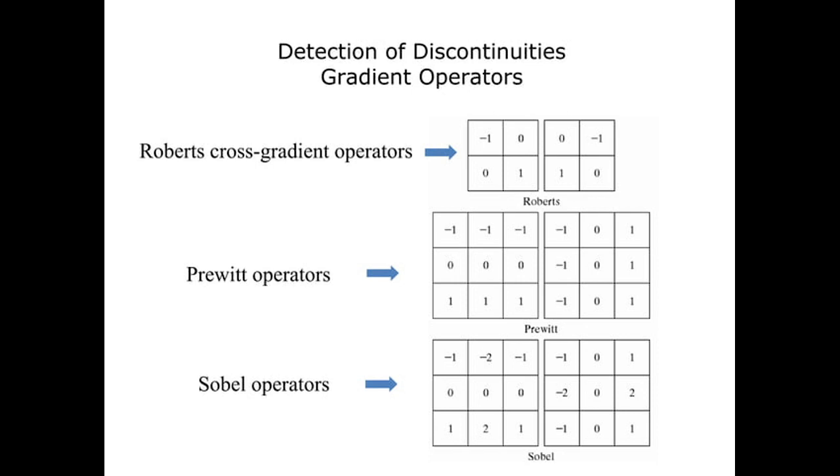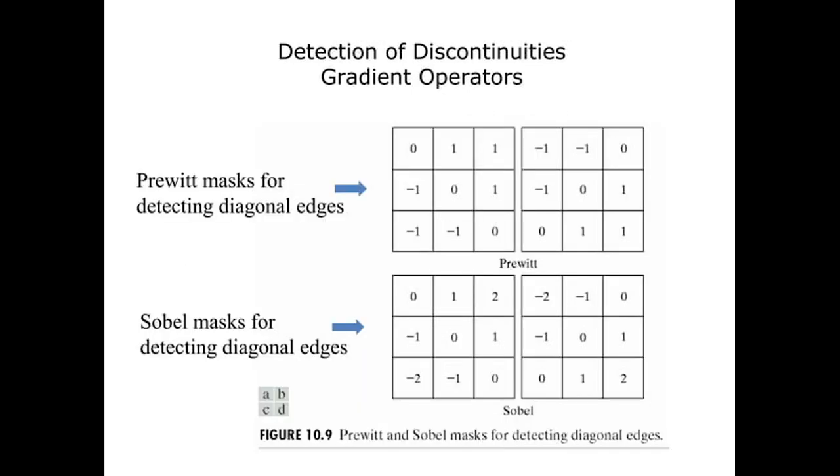It is to find out the diagonal elements, and this Prewitt operator is nothing but to find the horizontal and the vertical edges. And this Sobel operator, we can also find out the horizontal and the vertical edges. So how this is for the next diagonal edges. This Prewitt mask and Sobel mask we can also have for diagonal edges also.